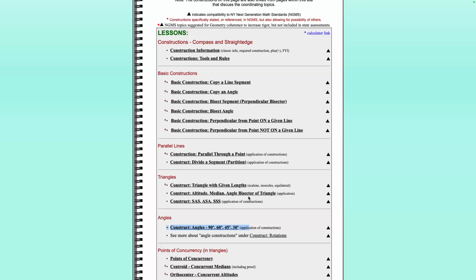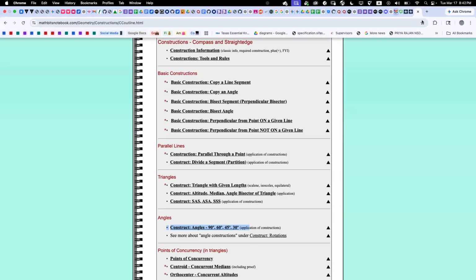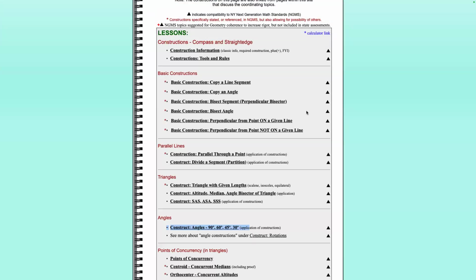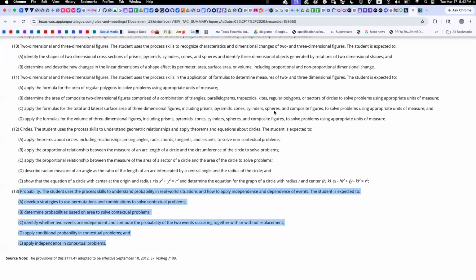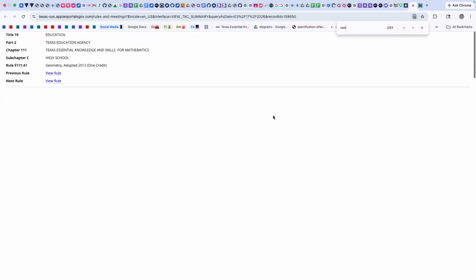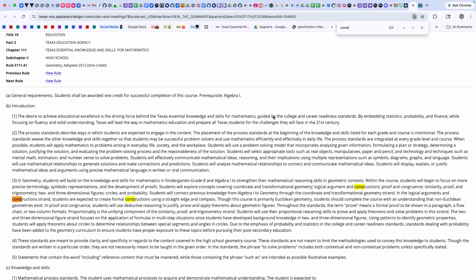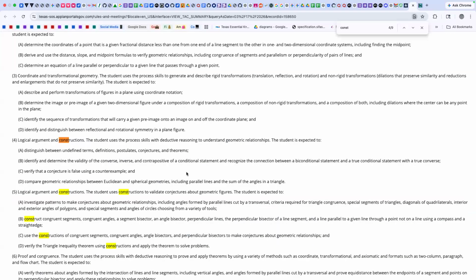Whatever it is, it might be a single choice question, but you'll have to know constructions. This is one topic I have not touched upon. What you need to know is not all of this. See guys, this is not Texas standards. Please understand that. What you need to know is whatever is given here. One second, I'll show you what you need to know.